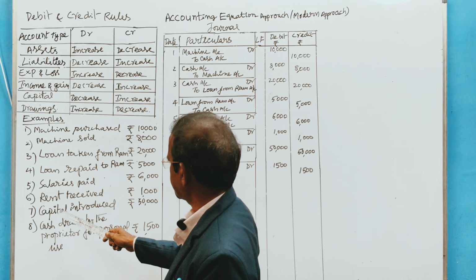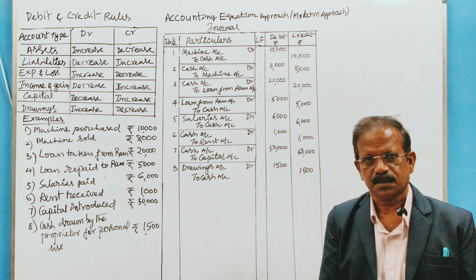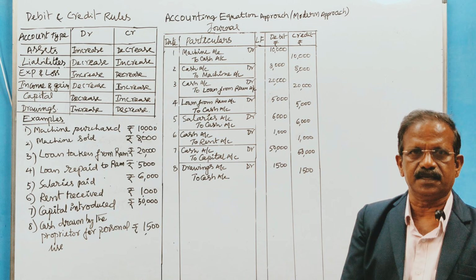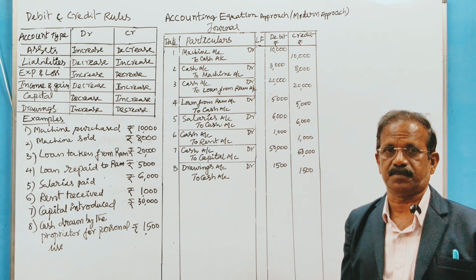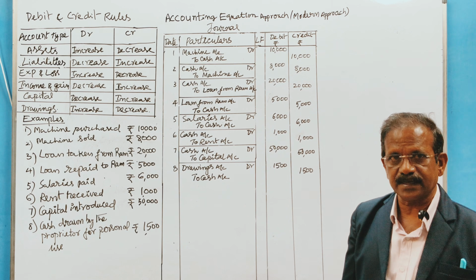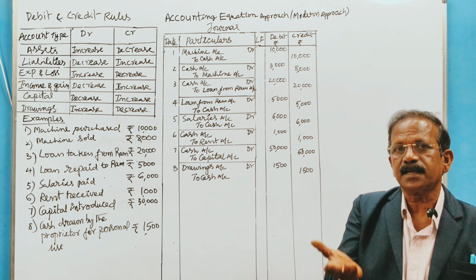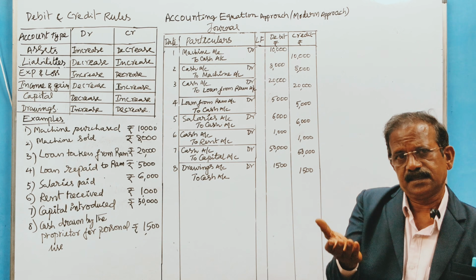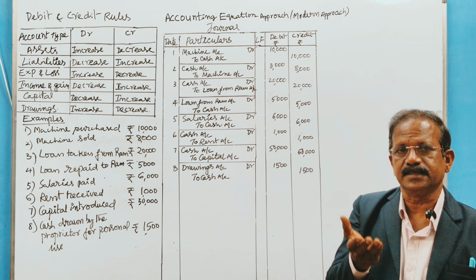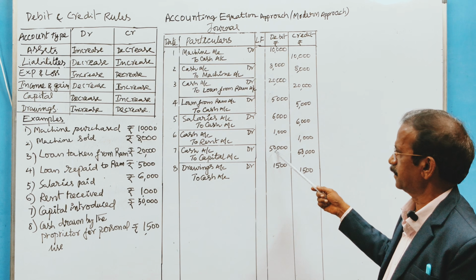Coming to capital introduced. Capital introduced means the proprietor of the business has invested some money into the business. When he invested, some cash is coming into the business. So cash balance is increasing. Since cash is an asset and it is increasing, it is to be debited. So cash account is debited.